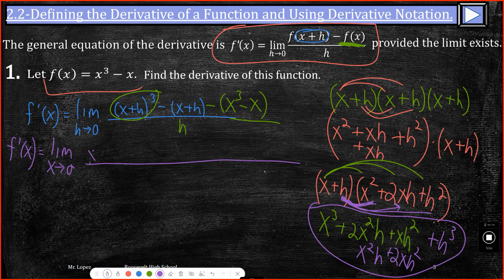So this is going to be x cubed, 2x squared h plus 1x squared h is 3x squared h. And then 1xh squared plus 2xh squared is going to be plus 3xh squared. And then I have plus h cubed.